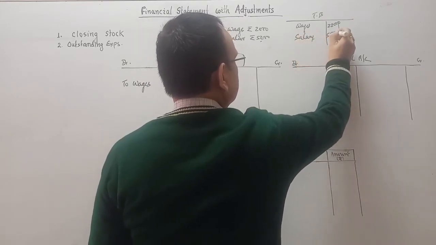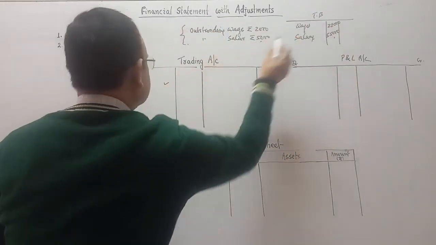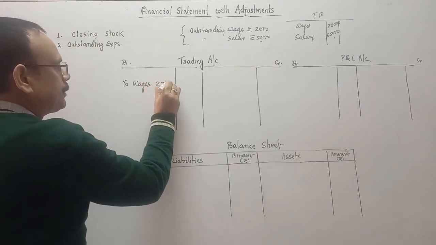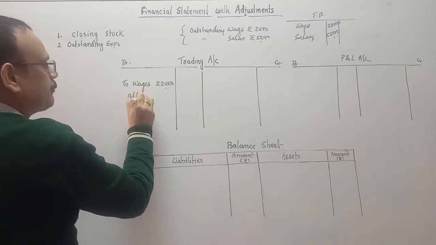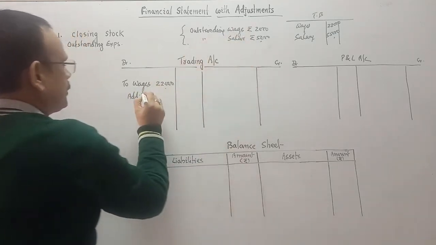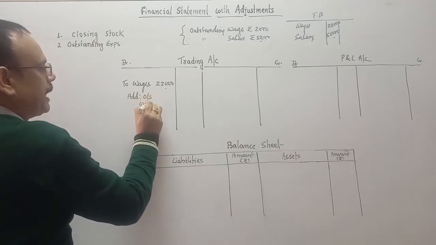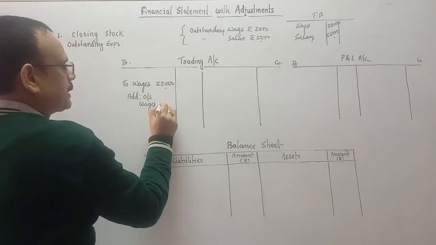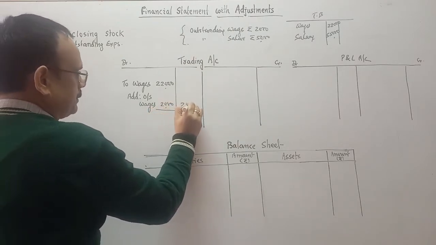This wages 22,000 we will write in the inner column, and we add the outstanding wages of 2,000. So wages in the outer column will be 24,000.